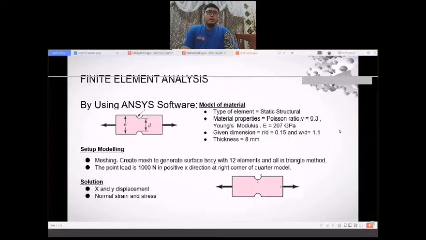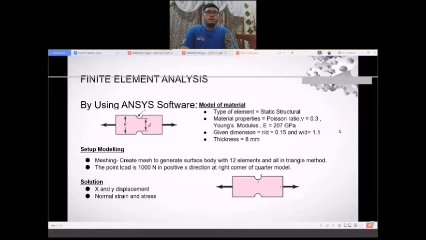For the thickness, we assume the thickness is 8 millimeter, and all the units in the Ansys that we use are in millimeter. After that, to set up the modeling, we do meshing to generate the surface body with 12 elements, and all the mesh are triangle method.